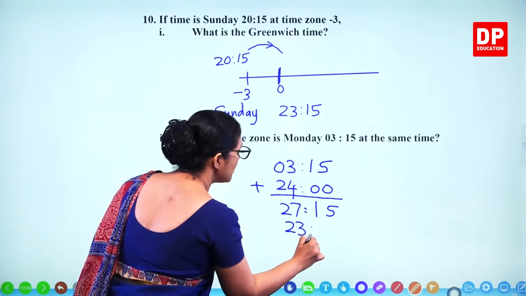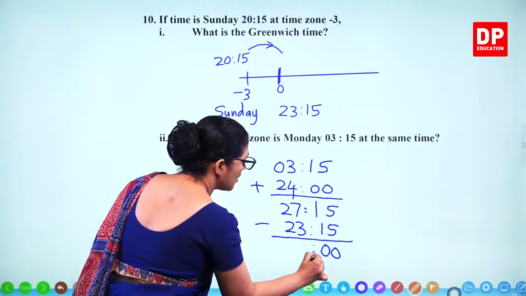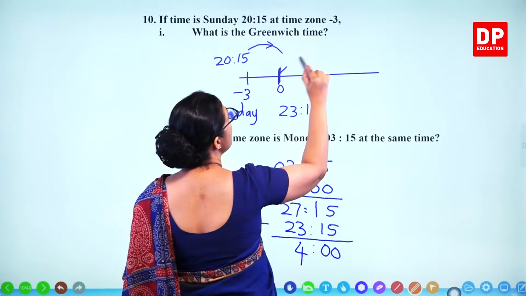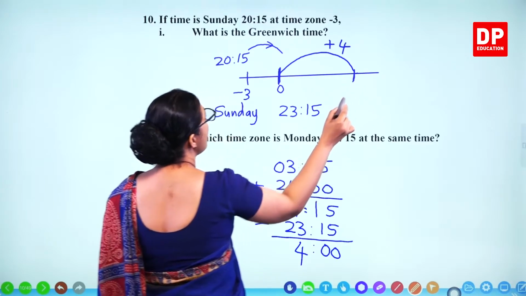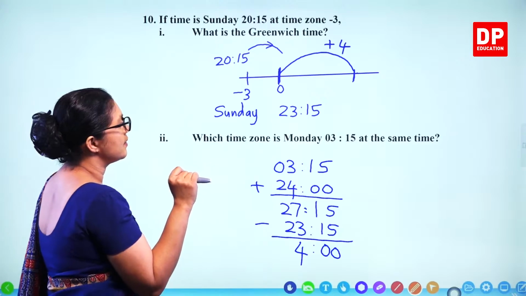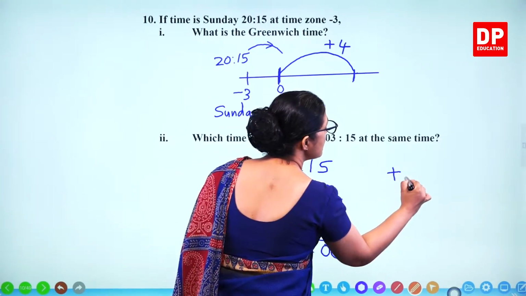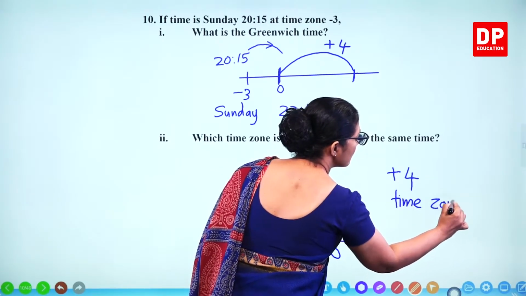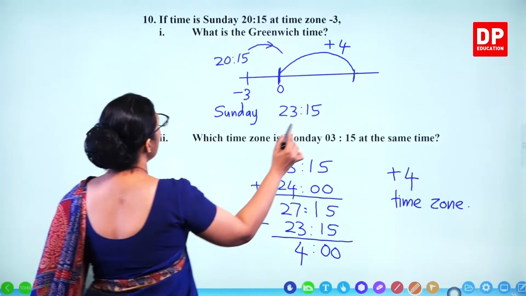What's the difference? When you subtract, you get 4. So that means plus 4. So the time zone is plus 4. So plus 4, you get Monday 3:15. So plus 4 is the time zone. So how many marks? 1 mark each.